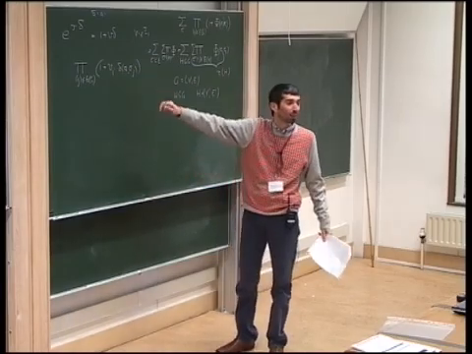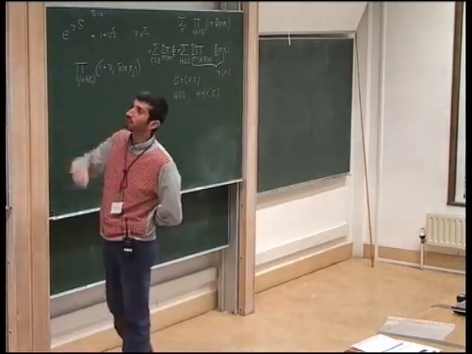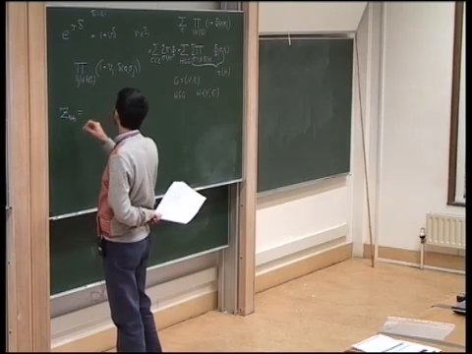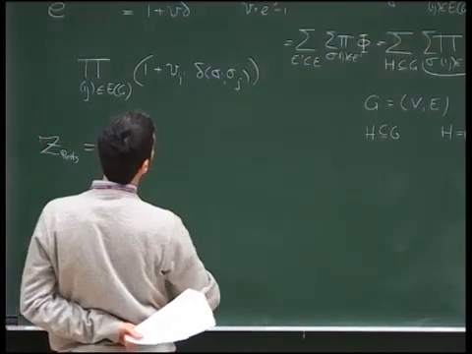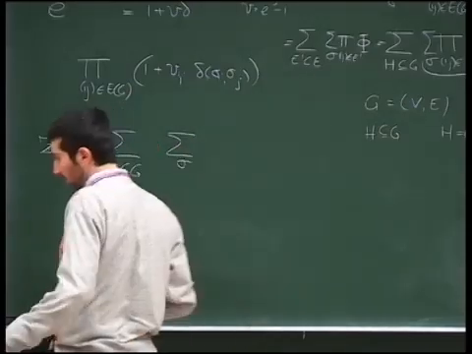Well, we are here. So we use this small lemma, so we can write this partition function of the Potts model, Z of Potts, as a sum over subsets of G of the sum over sigma. We have two factors.